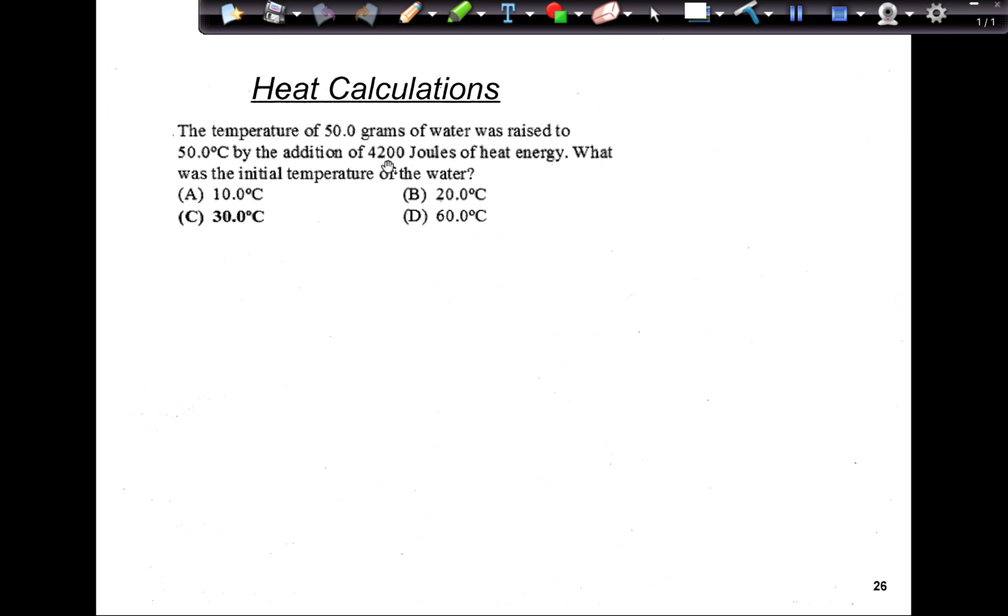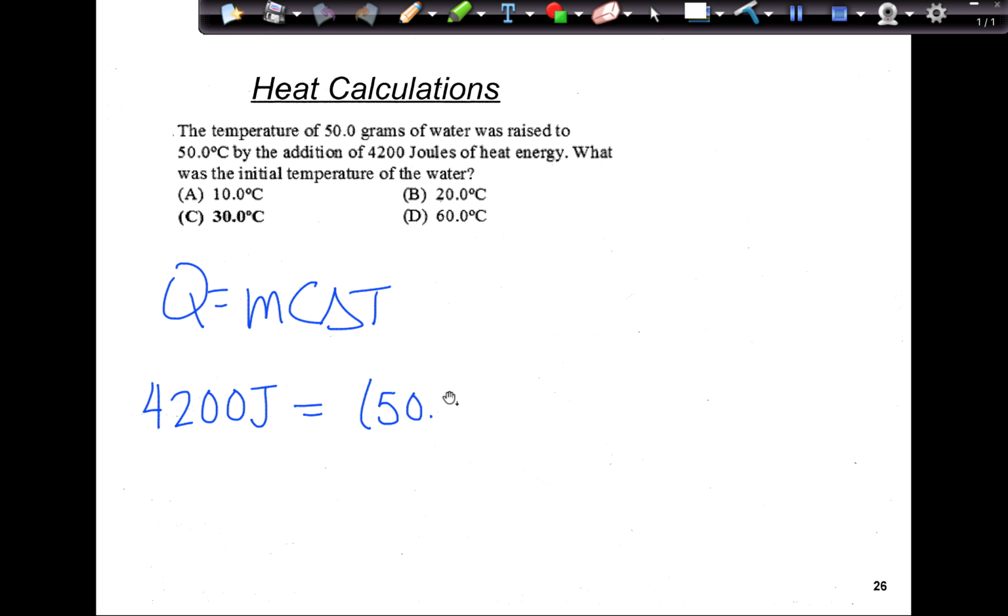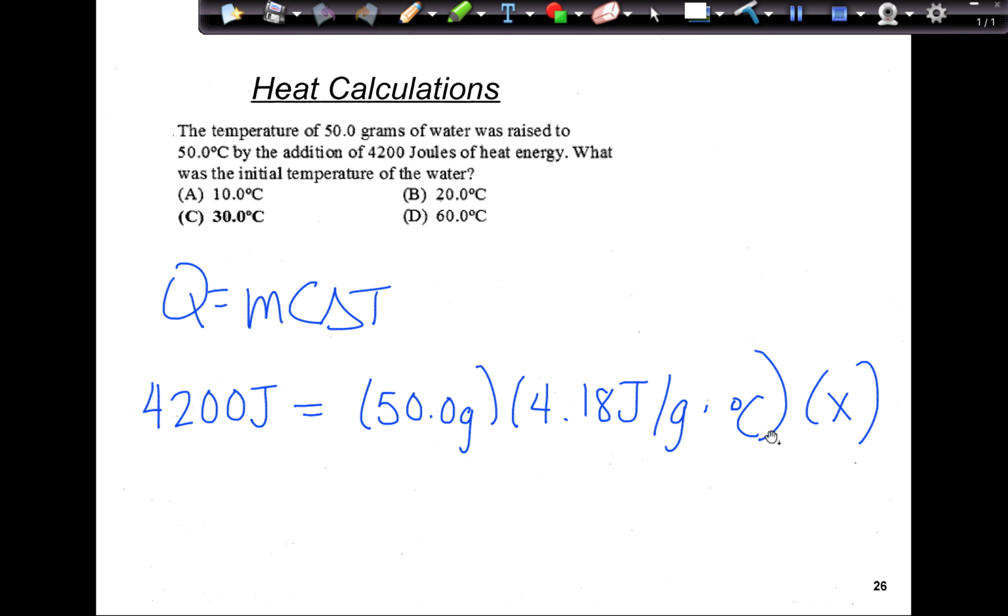However, if we want to know about the initial temperature of the water, we need to find out how much heat was added. And so again, we're going to do Q equals mc delta T. We're going to plug in the 4,200 joules, my 50.0 grams, my 4.18 joules per gram degrees Celsius, and I'm again going to solve for the number of degrees.